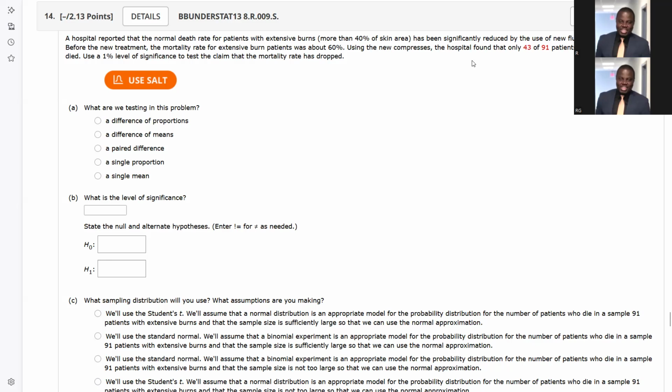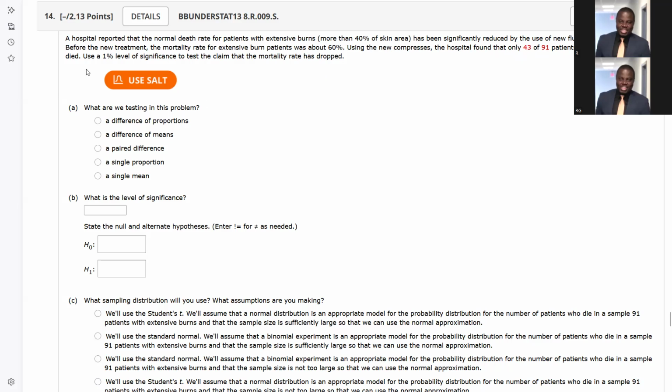Using the new compressors, the hospital found that only 43 of 91 patients with extensive burns died. Now, this 43 of 91, you would use this to set up an estimated proportion or a sample proportion, right? So 43 divided by 91, that gives you your sample proportion.